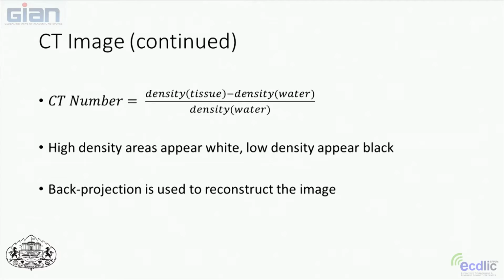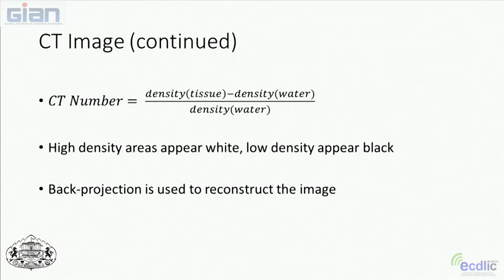And this is the basic formula: you take your measure of your tissue and normalize it to the density of water, so that water will have a CT number of 0. So high density areas appear white, low density areas appear black.